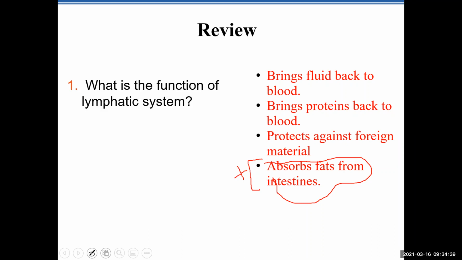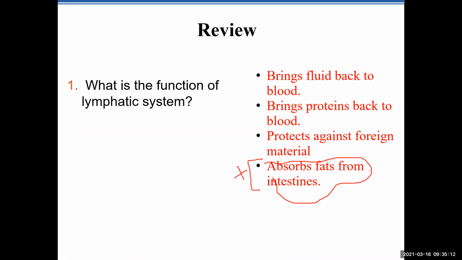So the chylomicrons, your digestive lipid particles, are also absorbed through the lymphatic vessels. Those chylomicrons enter through the lymphatic vessels because lymphatic vessels are more permeable than the blood capillaries. And then finally, when they're in the lymph, from the lymph those lipid particles are given to the blood as the lymph enters the blood.